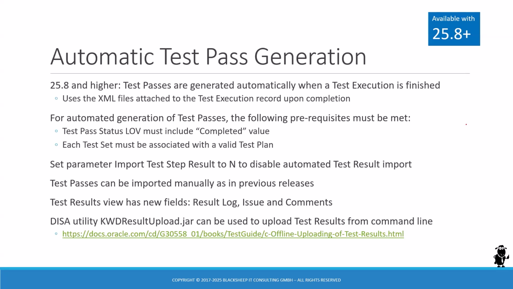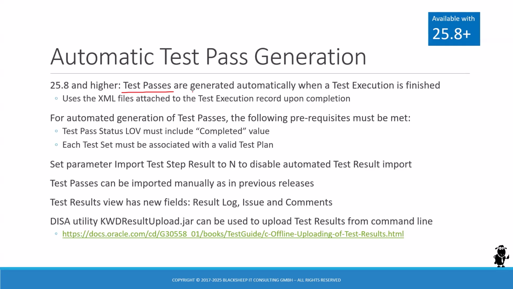So you have to log in again, go into the test execution view, find the test execution, click a button to create what's known as test passes. The test passes is the information, the status of each test script in that test execution. And that is then saved. It's an XML file attached, and you save that into Siebel.